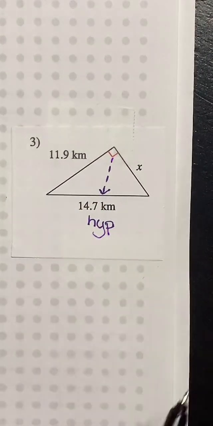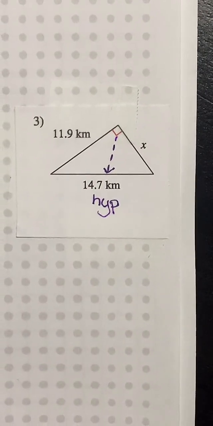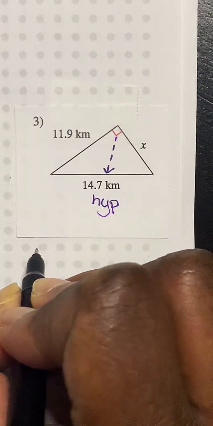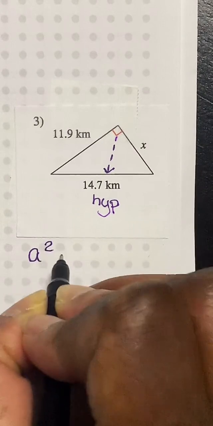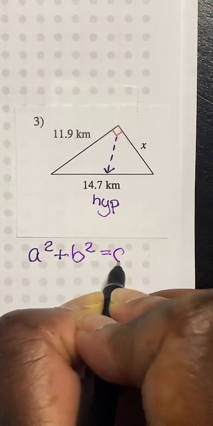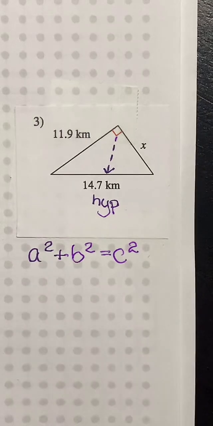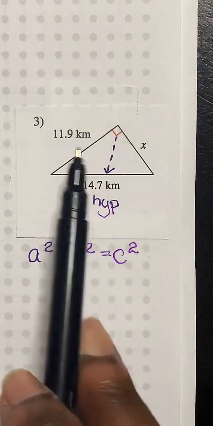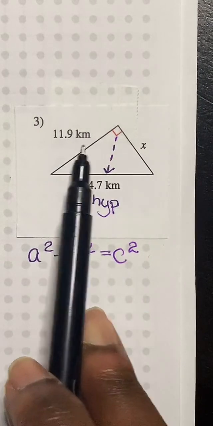So if we go back to our formula, we still have our a squared plus b squared equals c squared. So the two legs are interchangeable, okay?